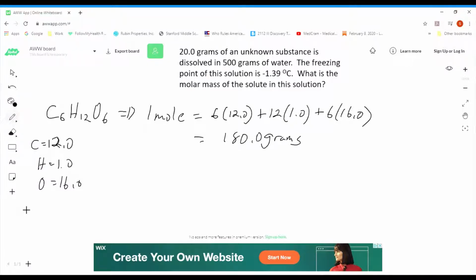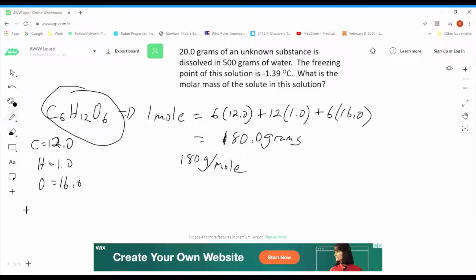So 1 mole weighs 180 grams, and we did this back in chapter 11, at the beginning of January. The molar mass is 180 grams per mole. Now, that is if you know the formula. You need the formula in order to do this.